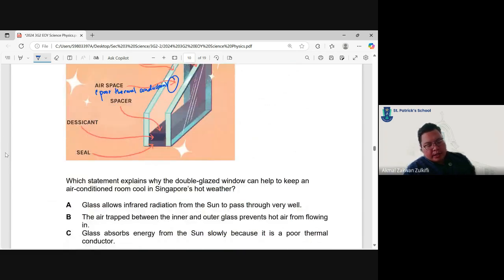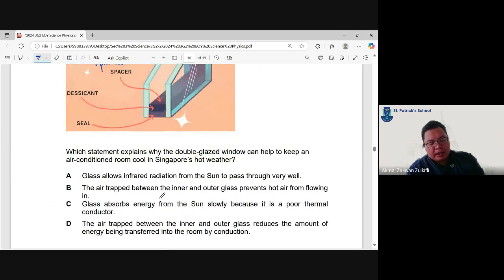Let's see which statement explains why the double glazed window can help to keep an air-conditioned room cool in Singapore's weather. Glass allows infrared to pass through very well. Why do we need to talk about the infrared? Then it becomes hotter, right? Glass absorbs energy from the sun slowly because it is a poor thermal conductor. Yeah, but glass not really. Glass is a solid, so this is not the case.